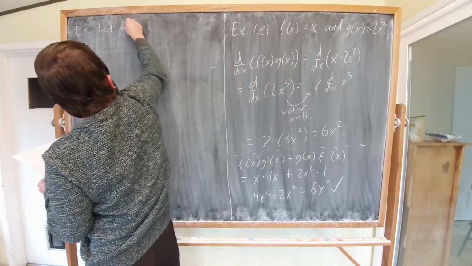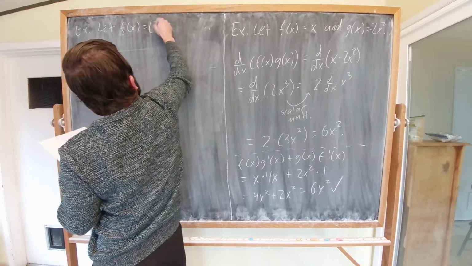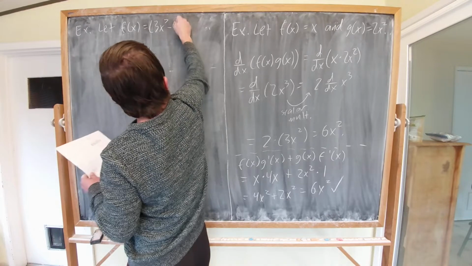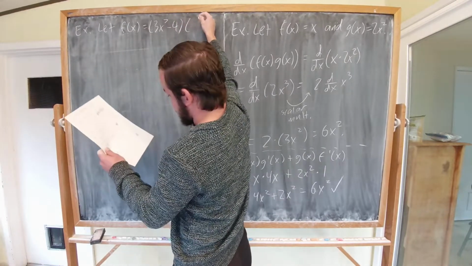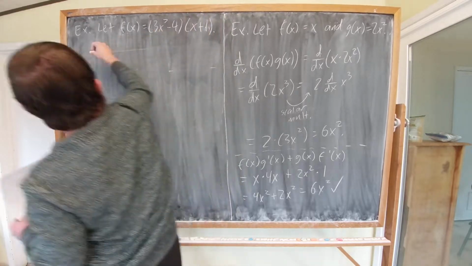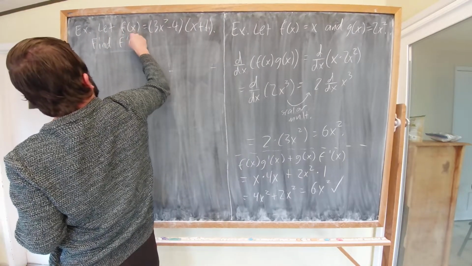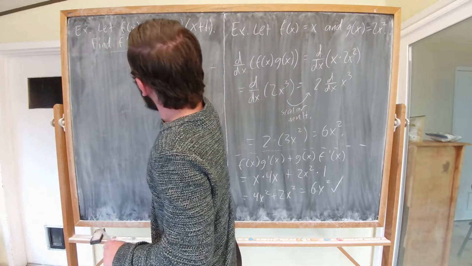Let's let f(x) equal 3x to the 7th minus 4, all times x plus 1. And we want to find f'(x).